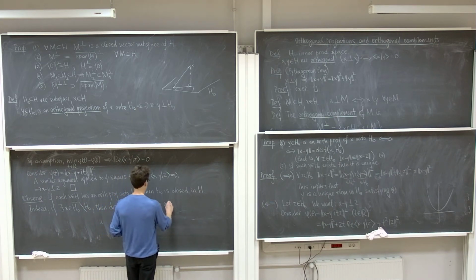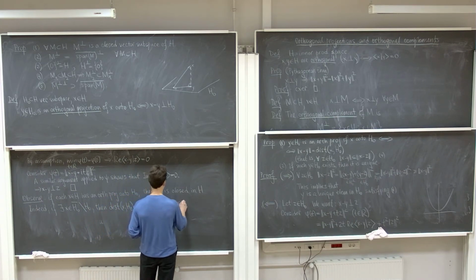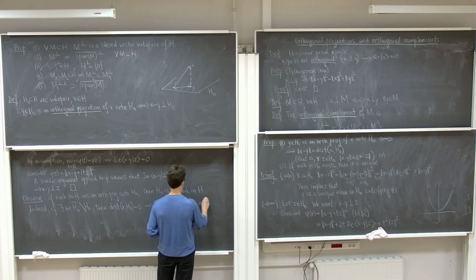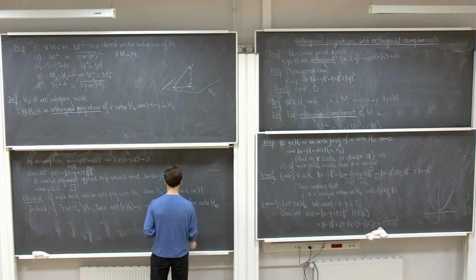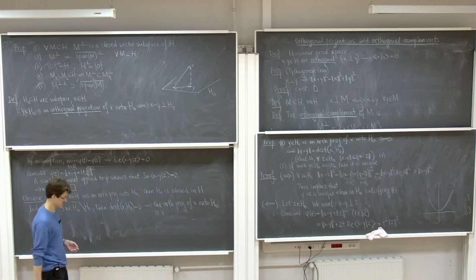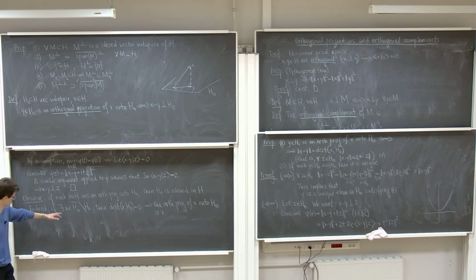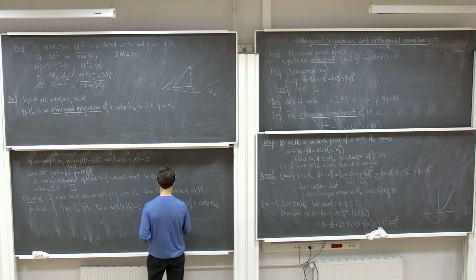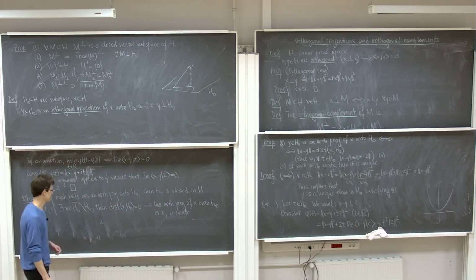The orthogonal projection, which is equivalent to the nearest point of x onto H0, is x. But this is a contradiction because we assumed that x is not in H0. So a necessary condition is that H0 is closed.